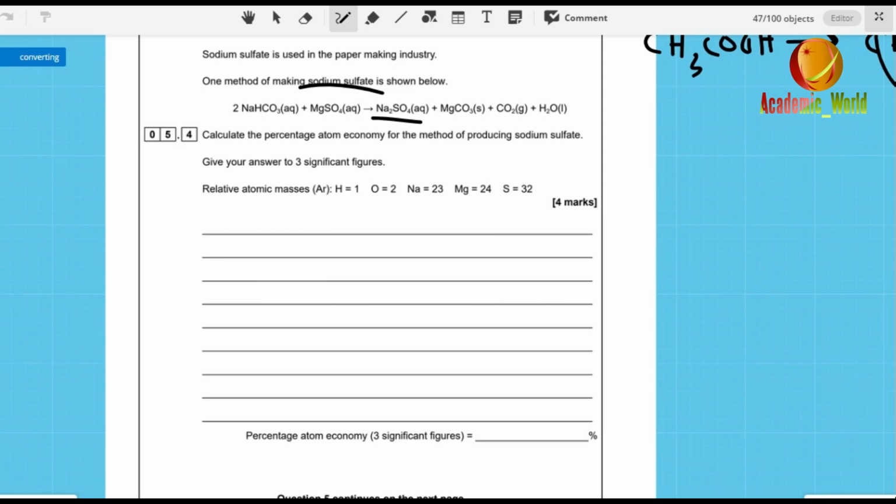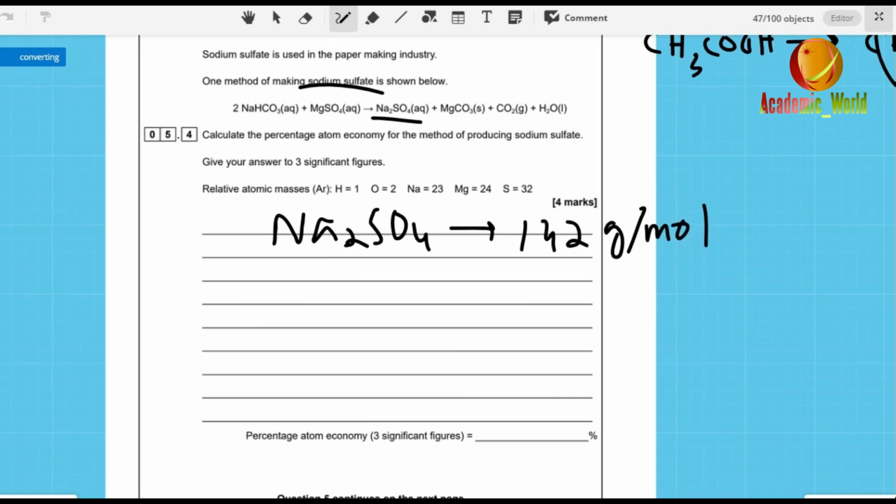Okay, so first of all you have to find Na2SO4, that is almost 142 grams per mole, that is the molecular mass.